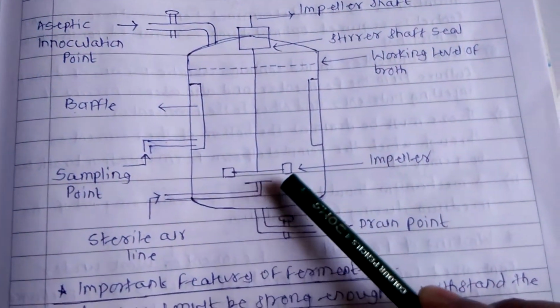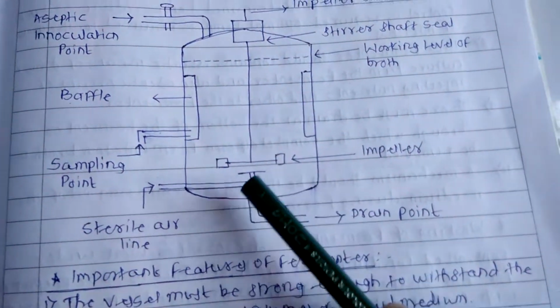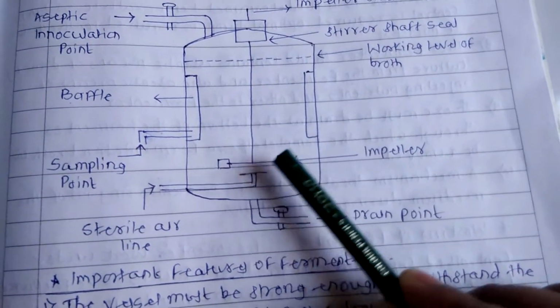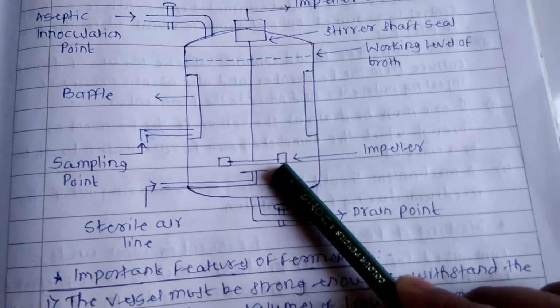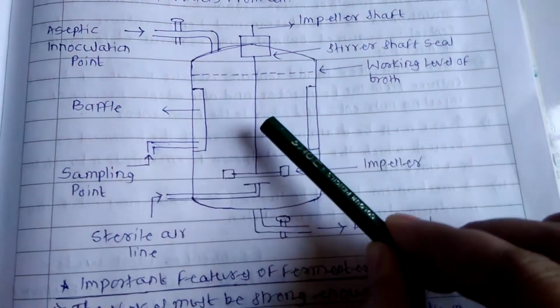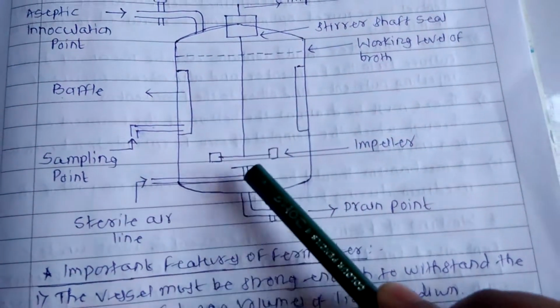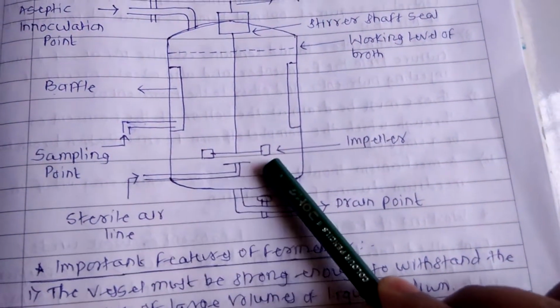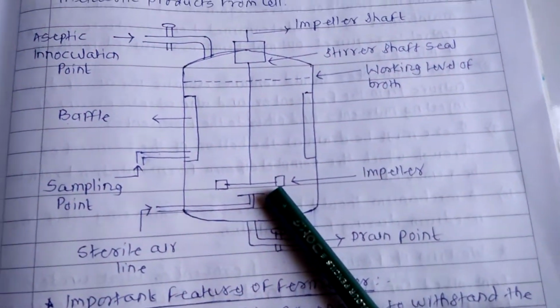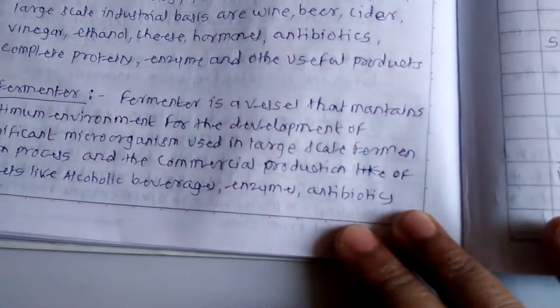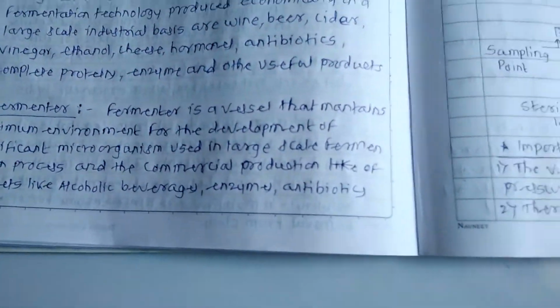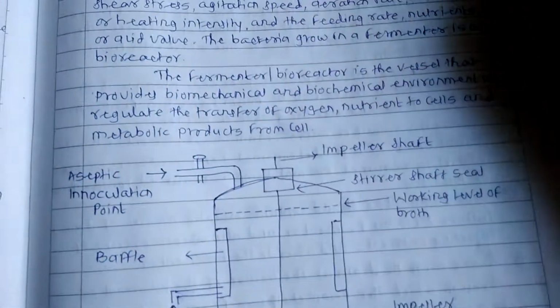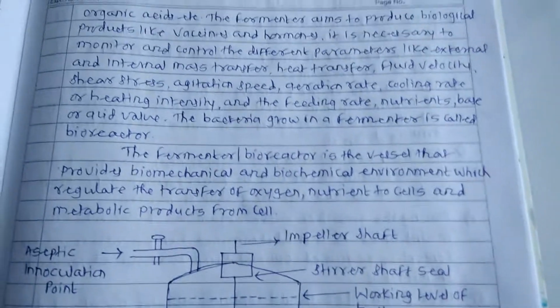Then there is an impeller. The impeller is used for mixing the media and the microorganism, so that oxygen reaches each and every part of the fermenter and each and every microorganism. This fermenter works under controlled conditions.